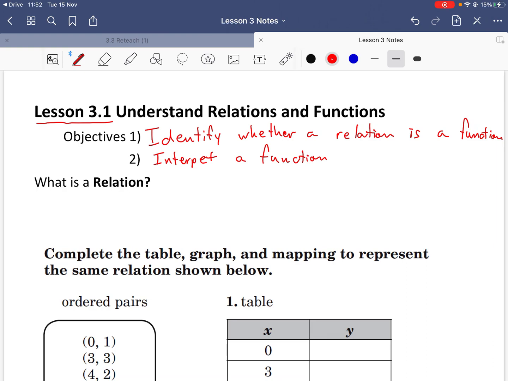So a relation is a set of ordered pairs. We use the curly brackets. This represents that it's a set or a list. So a set is also known as a list.